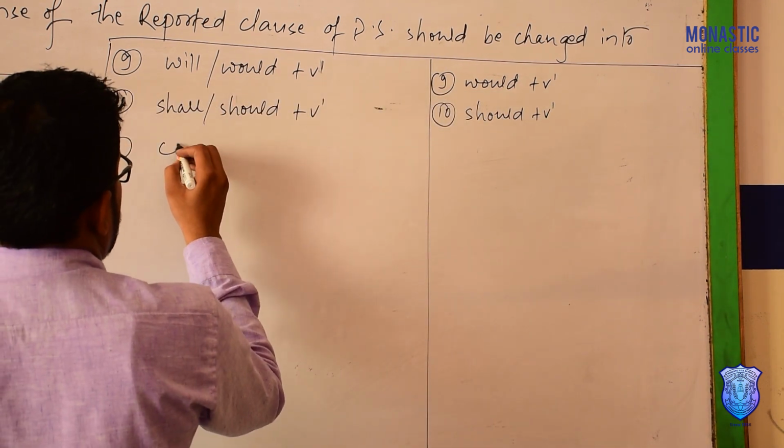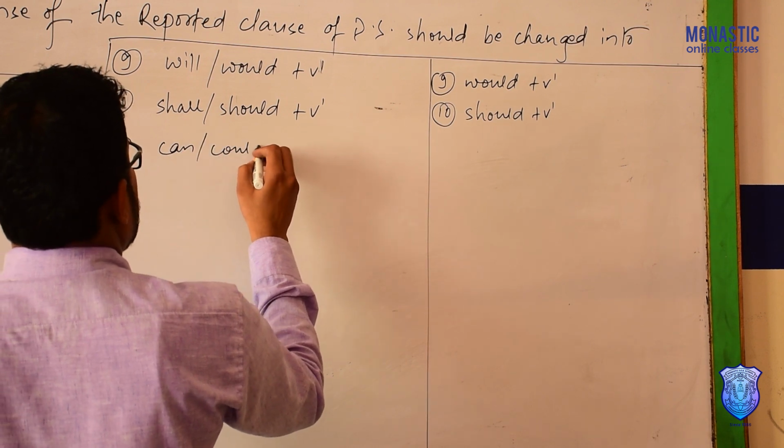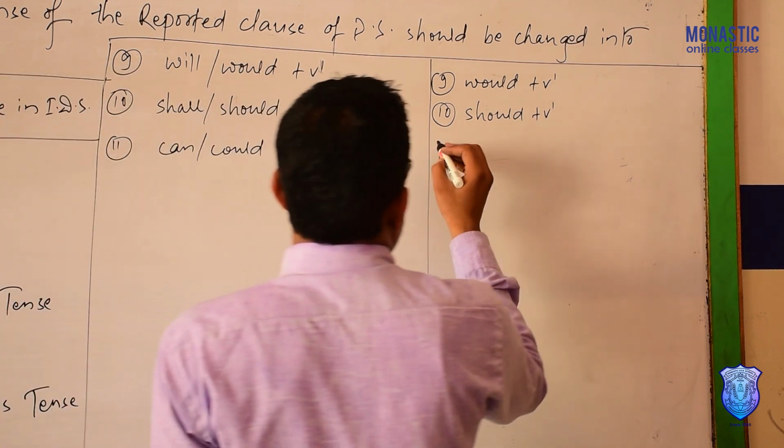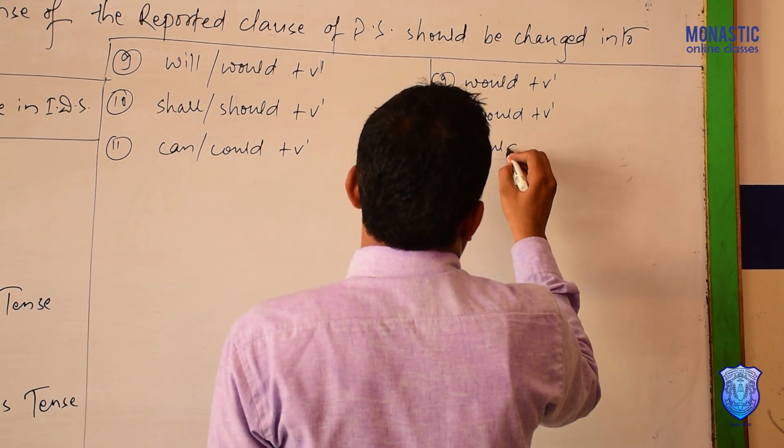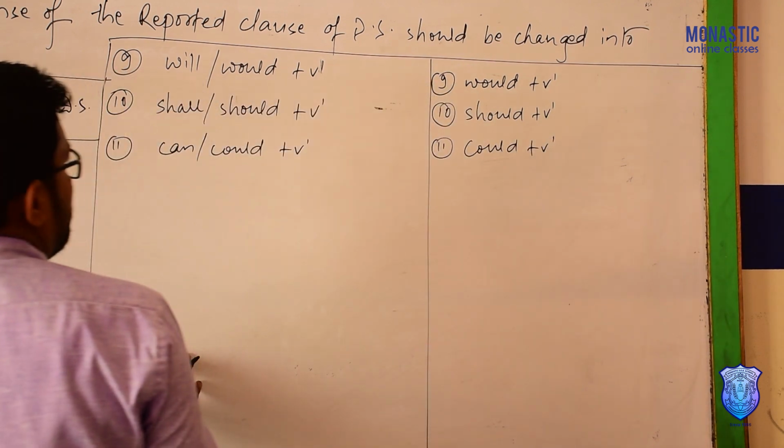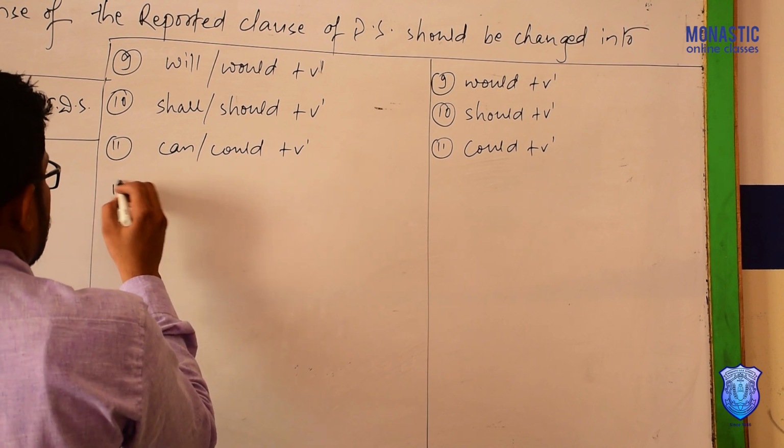If you find there can or could plus V1, we can get it as could plus V1.